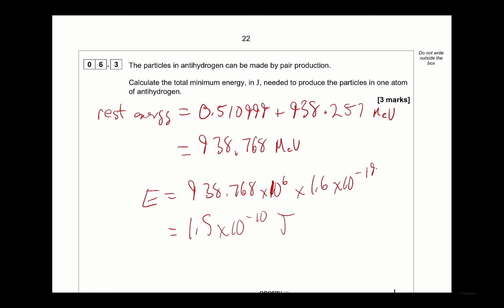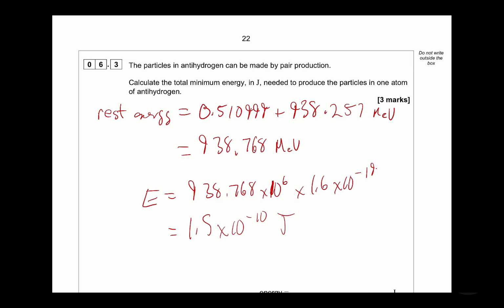And I know I just harped on and on about significant figures, but this is enough significant figures for our answer. It's just that when we're doing our calculations, they want to see the significant figures when it's in mega electron volts. Okay, that's the minimum amount of energy that we would need to make these particles.